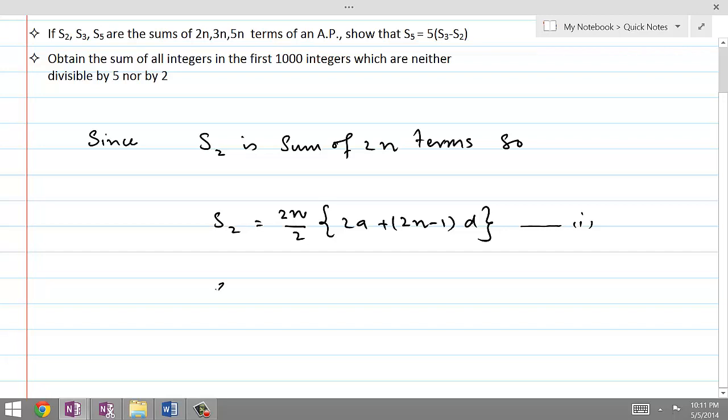And similarly, we can define S3, which is the sum of 3n terms. Therefore, it must be equal to 3n by 2 into 2a plus 3n minus 1 into d. Let us call this relation 2.